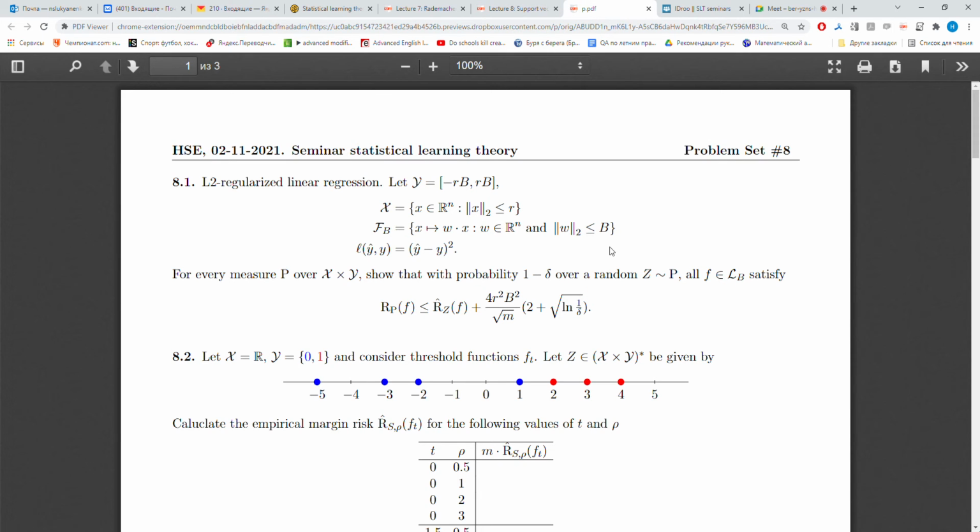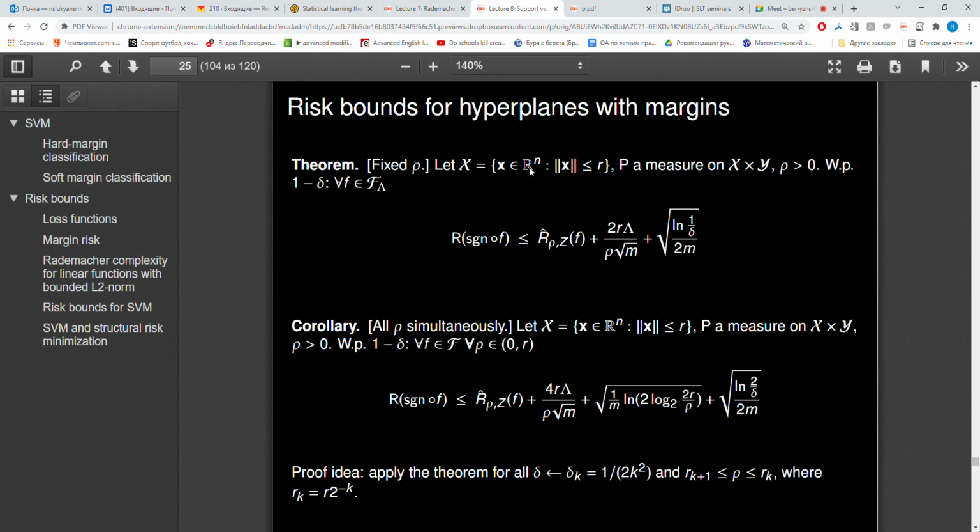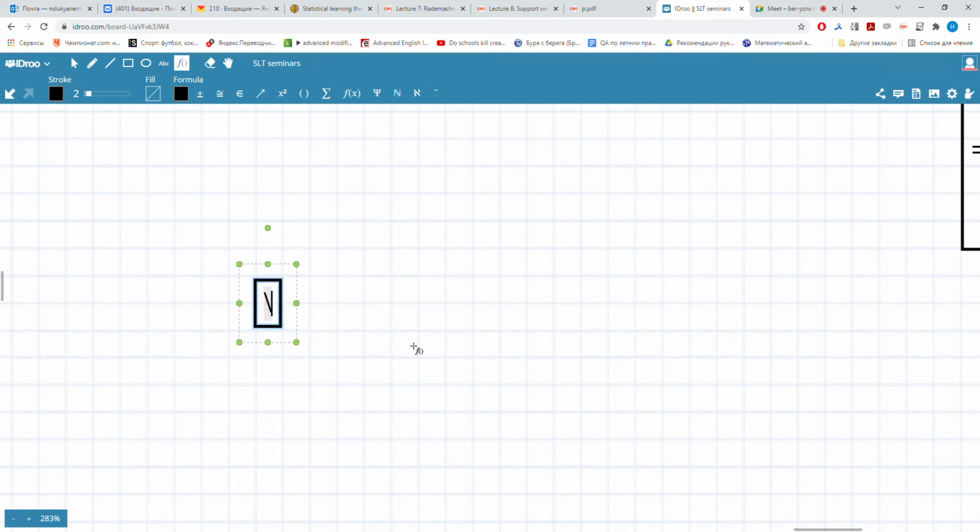Let's try to prove this inequality. I think the best way to start is to look at this inequality. What can we say about it? How can it be applied?